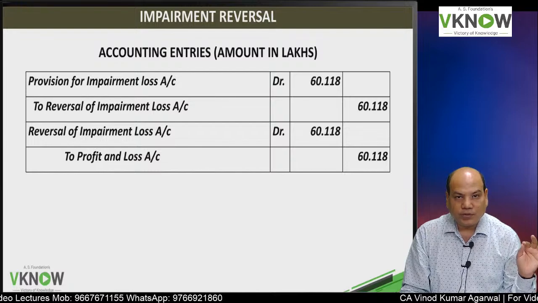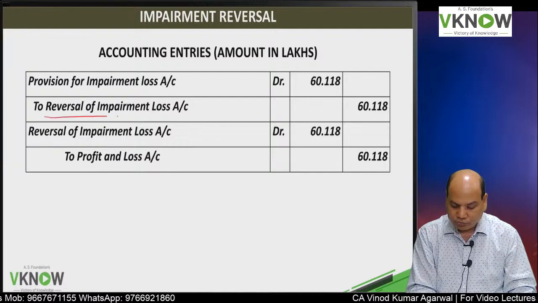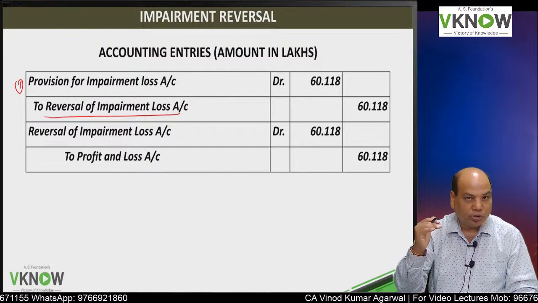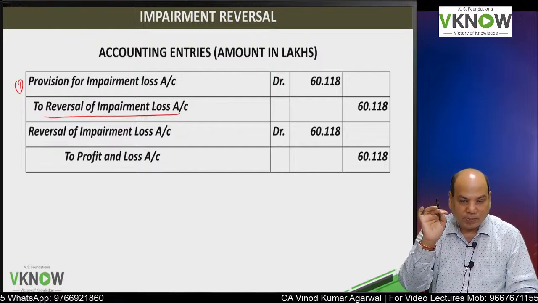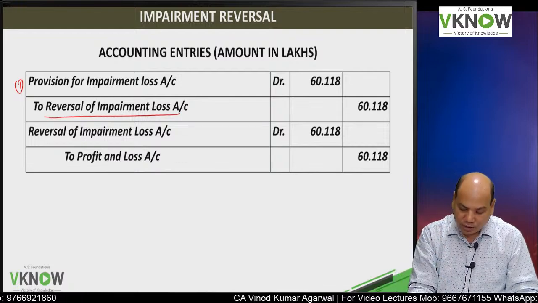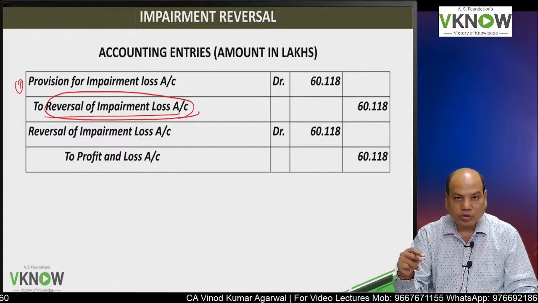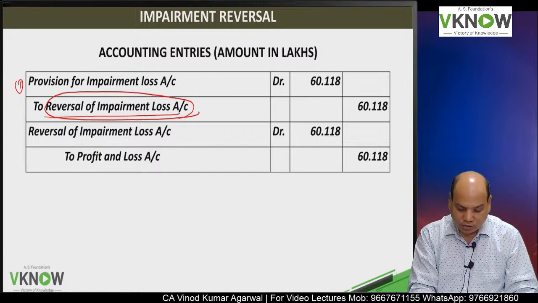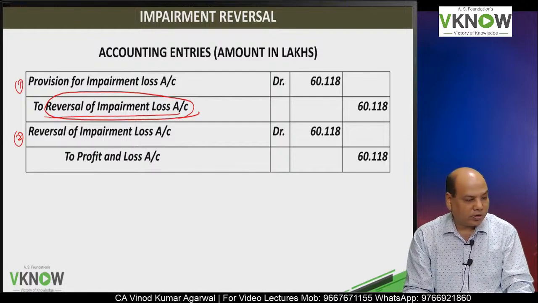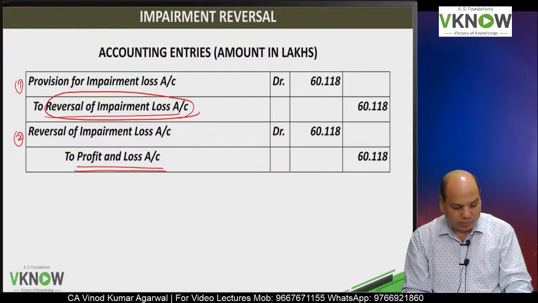It will become provision for impairment loss account debit to reversal of impairment loss, 60.118, so that in the balance sheet when you present the asset, the provision for impairment loss will be reduced by 60.118, and this amount will be credited to P&L account. Reversal of impairment loss account debit to profit and loss account, being reversal of impairment loss.